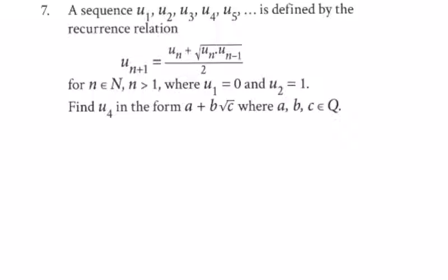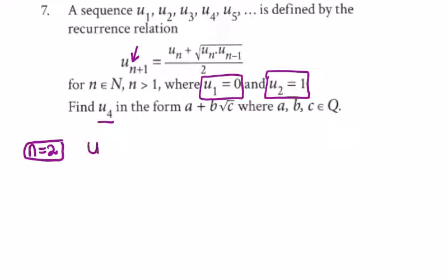In this recurrence relation, we're given u1 is equal to 0 and u2 is equal to 1, so we obviously need these two. So we're asked to find u4, so we better get u3 first. n is equal to 2 to get u3. u3 is going to be equal to un, which is u2, plus the square root of un, which is u2, times un minus 1, which is u1.